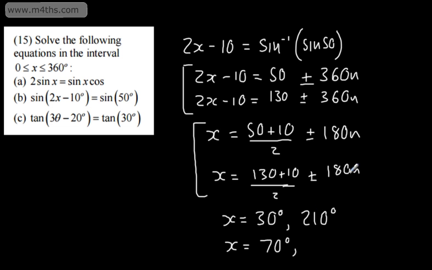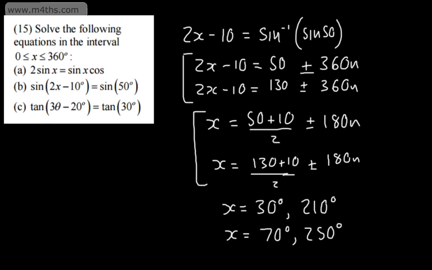And then we add 180 to that, which is going to give me 250 degrees. All others will fall outside the interval. So you can be cheeky and just write 2x minus 10 is equal to 50, but don't forget this. Often students just put the answer as 30 degrees. The inverse sine of sine 50 degrees is going to give us that value, but we need to consider subsequent solutions.